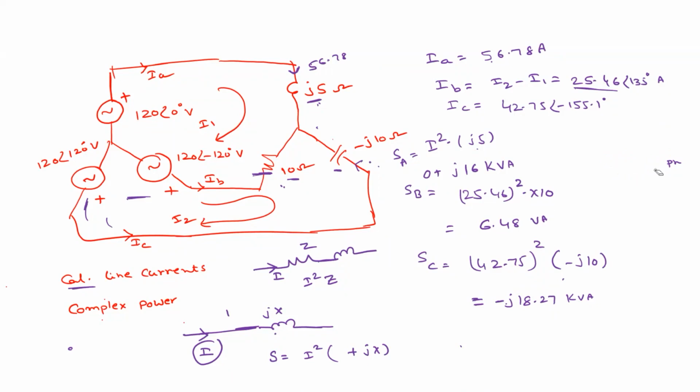Here there is no resistive component, right? Similarly in the second one, it is 6.48 kVA plus J0. So why J0 here? Here you have only resistance.